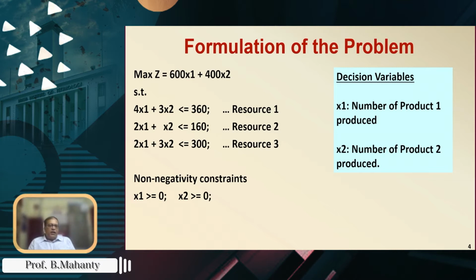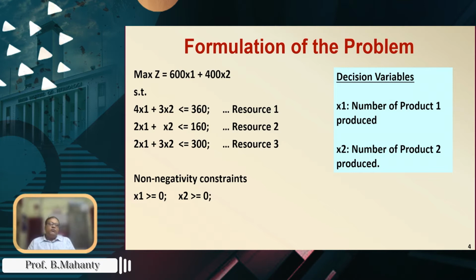Now you think and tell me what should be the similar thing for product 2. To make 1 unit of product 2, we need 3 units of resource 1, 1 unit of resource 2, and 3 units of resource 3. That means the total rent we shall be getting equivalent to 1 unit of product 2 would be 3Y1 plus 1Y2 plus 3Y3.